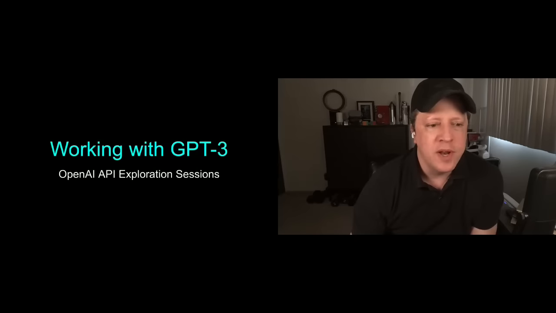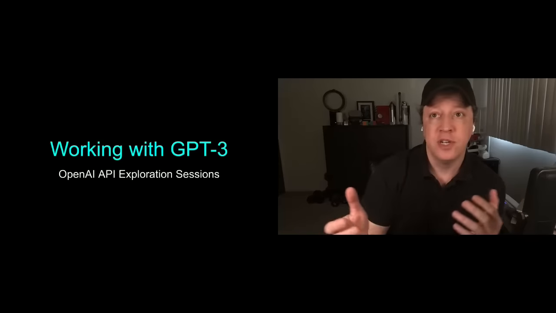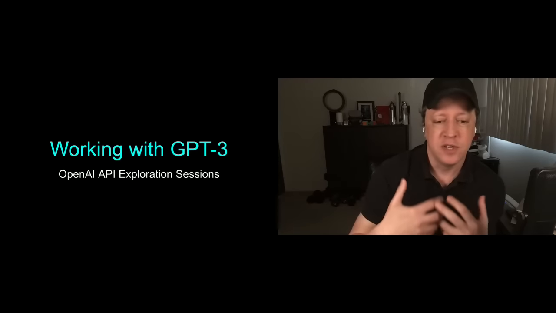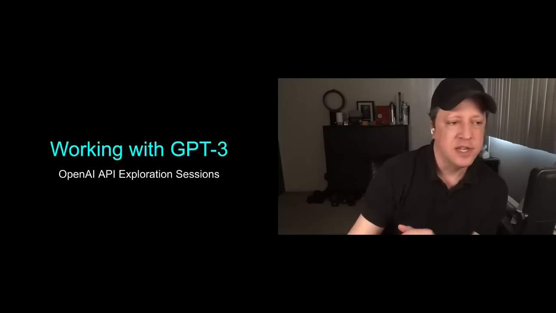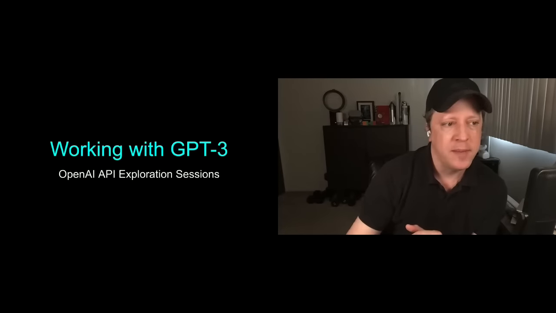So we're going to talk about working with GPT-3. GPT-3 is what we call our language model. It is the third version of the GPT, which stands for generative pre-trained transformer. My name is Andrew Main, and as it says there, I work on creative applications at OpenAI.